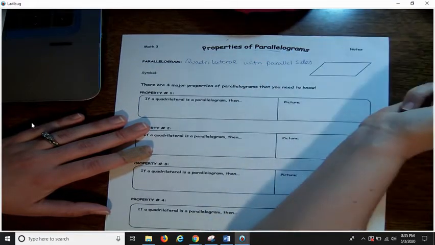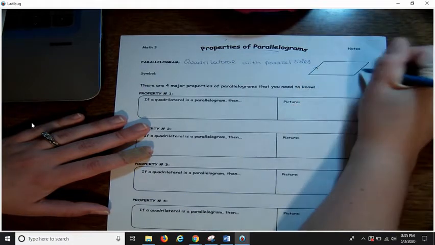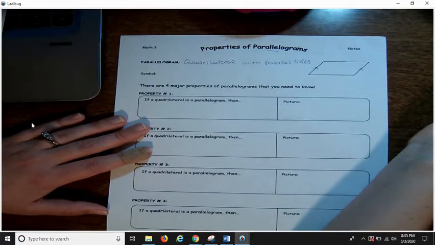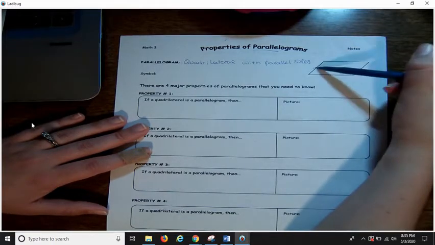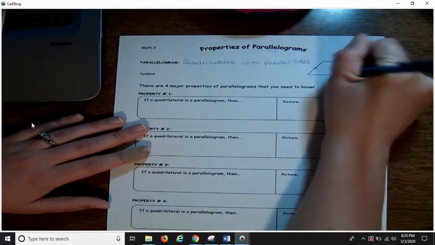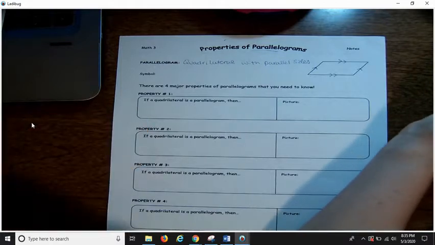Remember, if you have a little arrow on a segment that matches an arrow on another segment, that means they're parallel. So these opposite sides are parallel, and also these opposite sides are parallel. So the opposite sides of a parallelogram are parallel.